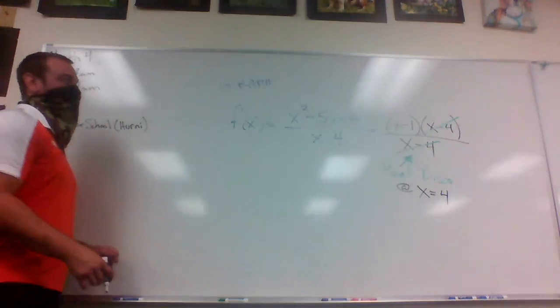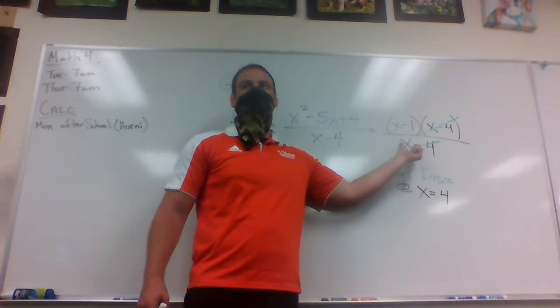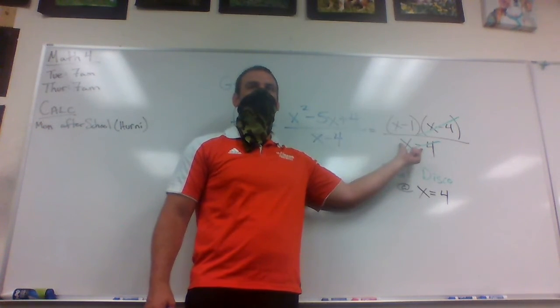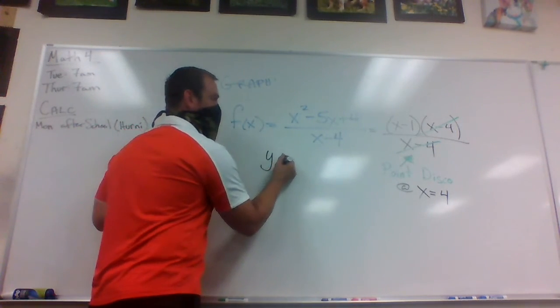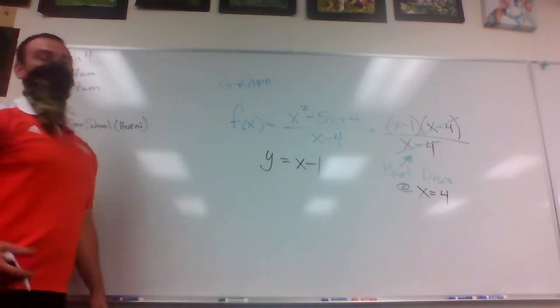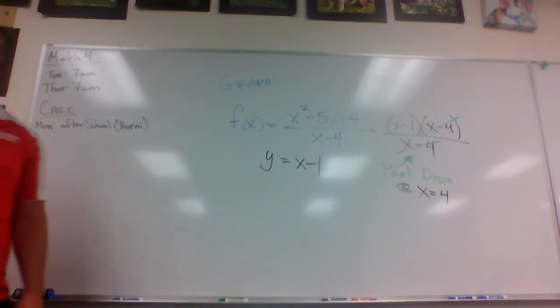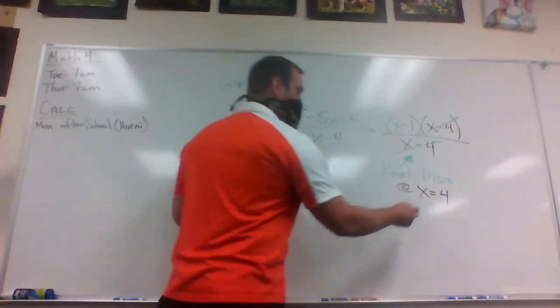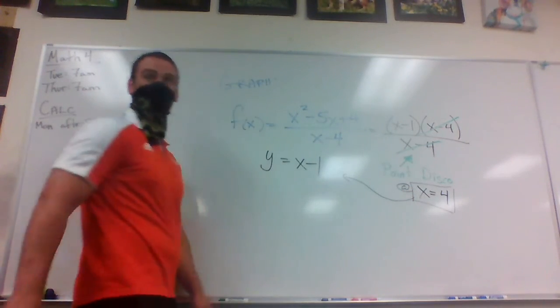My graph really looks like x minus 1. Does it make sense? So we're really trying to graph y equals x minus 1. We can find the y value of my point disco. How? Plug x equals 4 into whatever is left over.